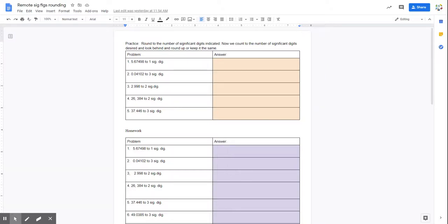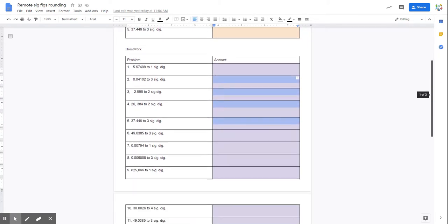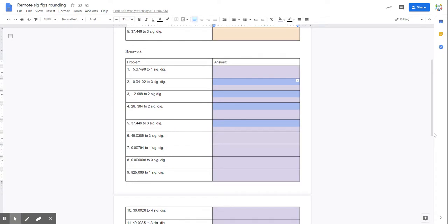So on this homework, I made a mistake, and you guys got these first five problems as an example. And then many of you noticed that the next five problems were exactly the same.